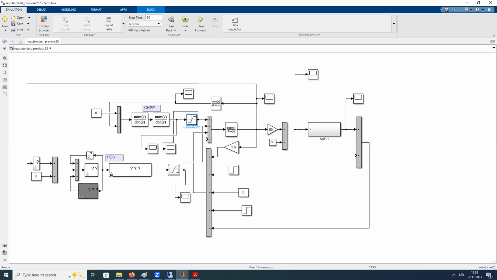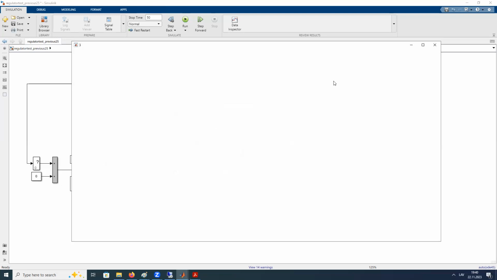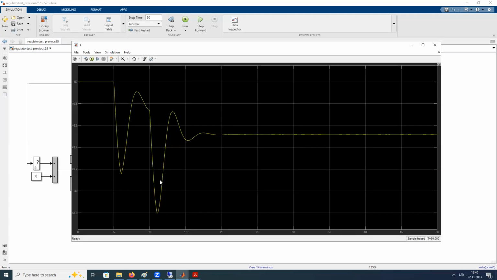I have one doubt. How can I check the result through the graph? Yes, here you have two scopes. This one is the base frequency, and this one is the frequency deviation due to everything going on here. So from here we could see what is happening with frequency.